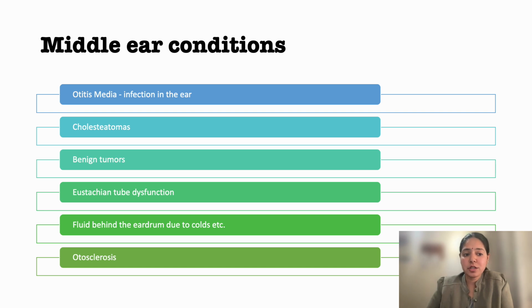Another form of an infection that can cause a drop in our hearing is called a cholesteatoma. A cholesteatoma, if left untreated, can become quite dangerous. It is a small collection of debris and dead skin cells that accumulate into a small lump, if you can say.